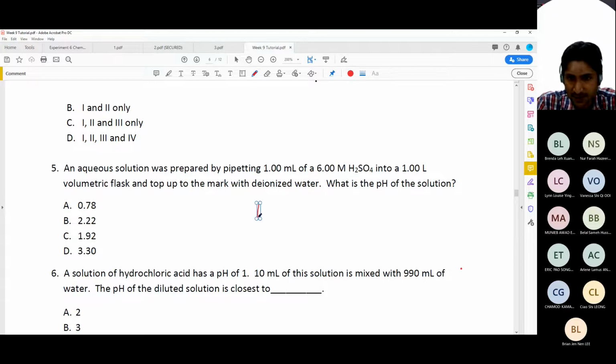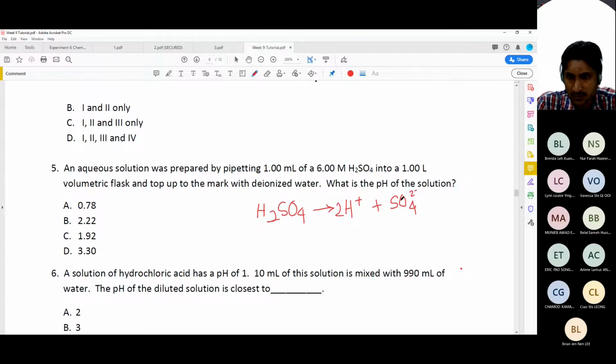Now you see the sulfuric acid, H2SO4, when it dissociates, right? It is a strong acid, so it will dissociate, it will give 2 hydrogen ion and sulfate ion as well, 2 negative, right?